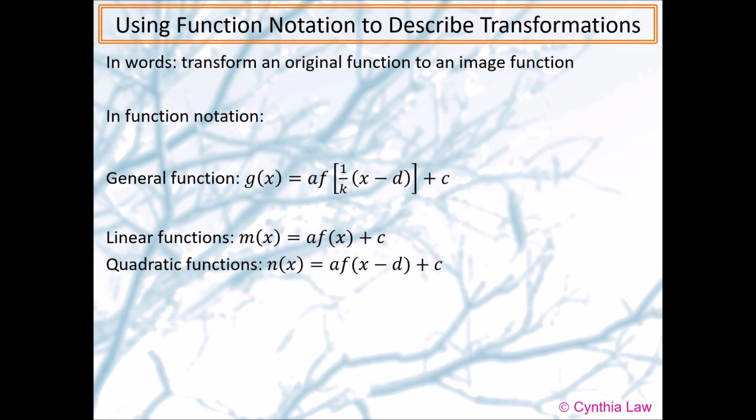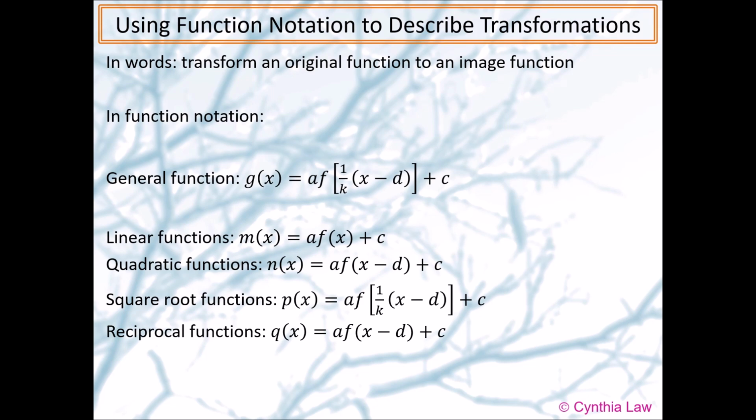For square root functions, we can use p at x equals a times f at square bracket 1 over k, round bracket, x minus d, close round bracket, close square bracket, plus c. So this one doesn't really change from the general function. For reciprocal functions, we can use q at x equals a times f at, open bracket, x minus d, close bracket, plus c. So for some functions, we don't have to use k. And for the linear function, we don't have to use d either.